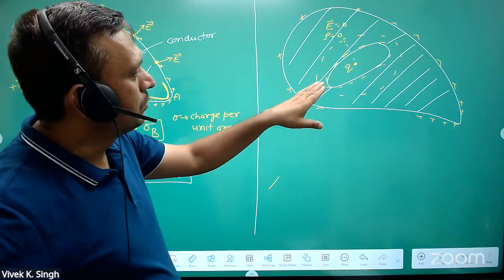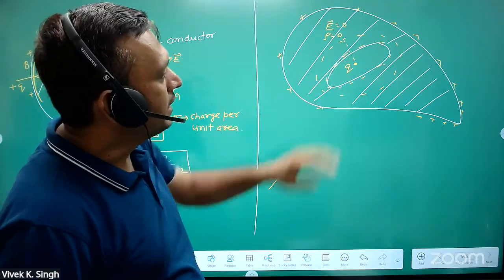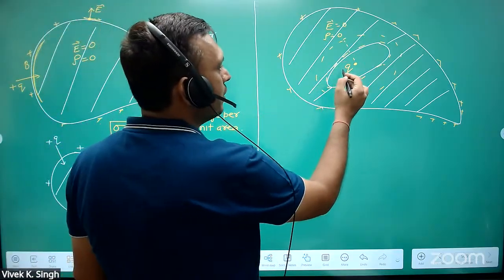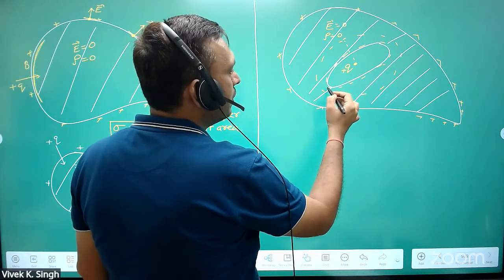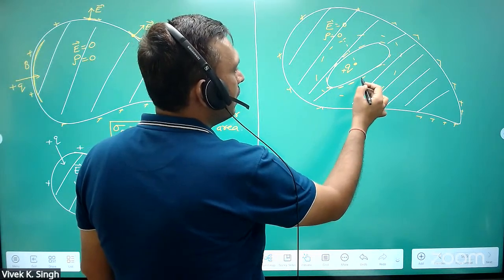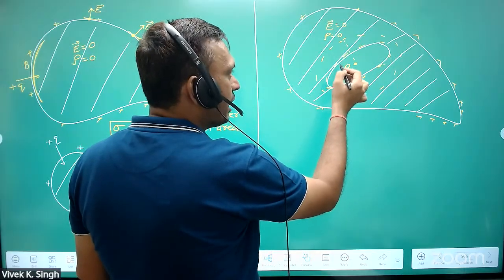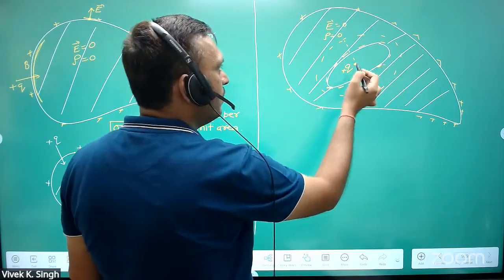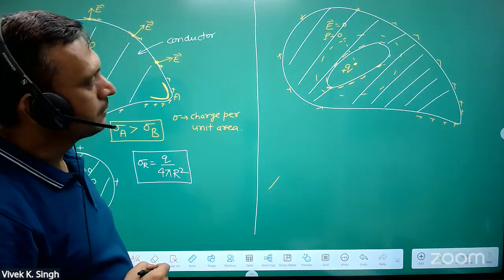In this case, because this charge is positive, this surface will be negative, because if this charge is negative, then positive charge will move towards this side and negative charge will move on the outer surface.